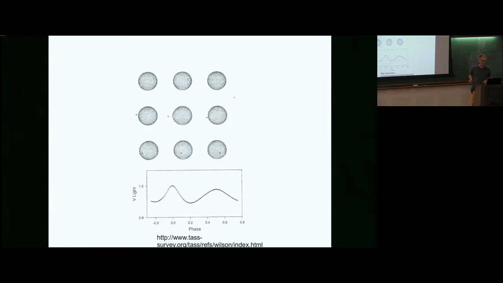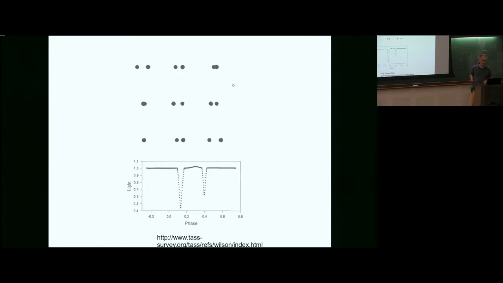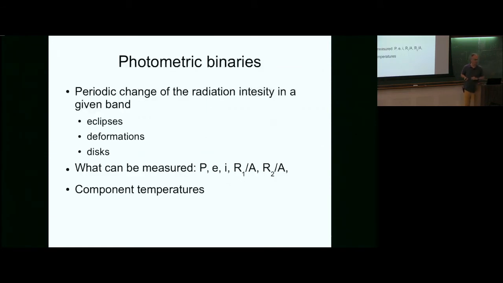And you can also have extreme examples like that, where you see two stars that are relatively far away, and you see very deep eclipses when they pass in front of one another. So these are the photometric binaries, and for photometric binaries the main things are eclipses and deformations.